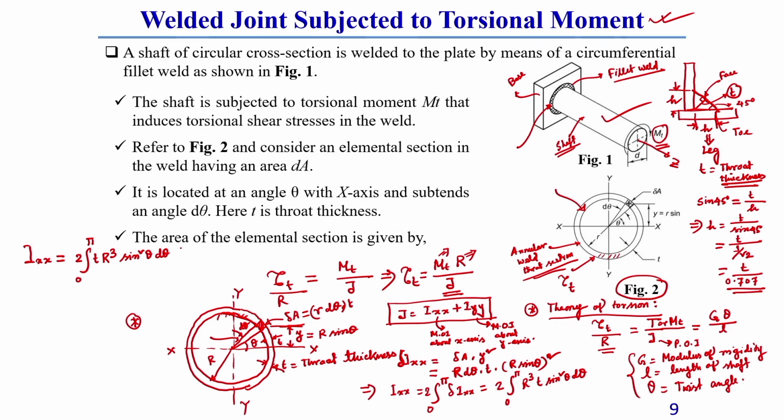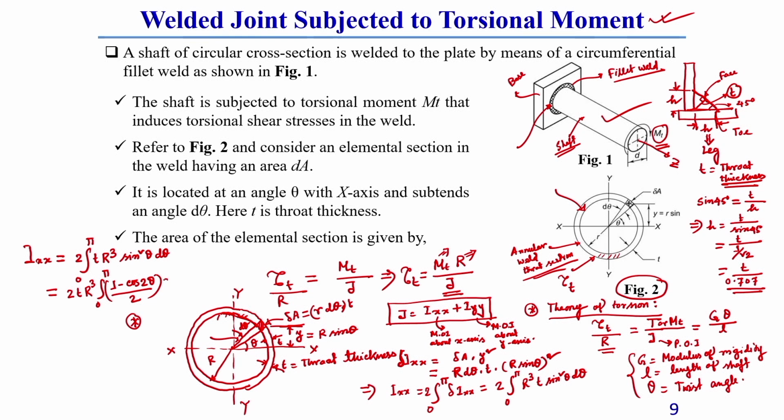Now, if we do a little bit of calculation, 2 t is constant, r is also constant, integration of 0 to pi. So, sin square theta I am writing as 1 minus cos 2 theta divided by 2.